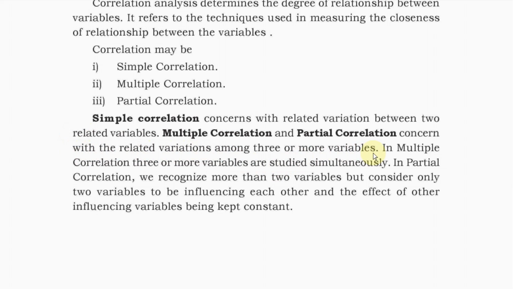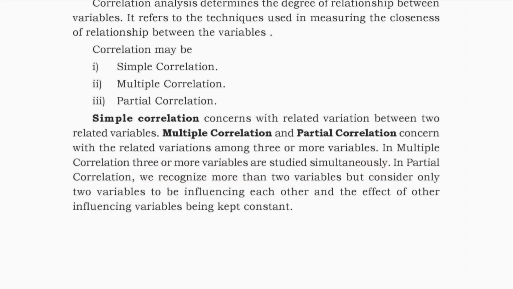So if the analysis involves more than two variables, then multiple correlation and partial correlation come into the picture. So what is the difference between multiple and partial correlation? In multiple correlation, three or more variables are studied simultaneously, at the same time.